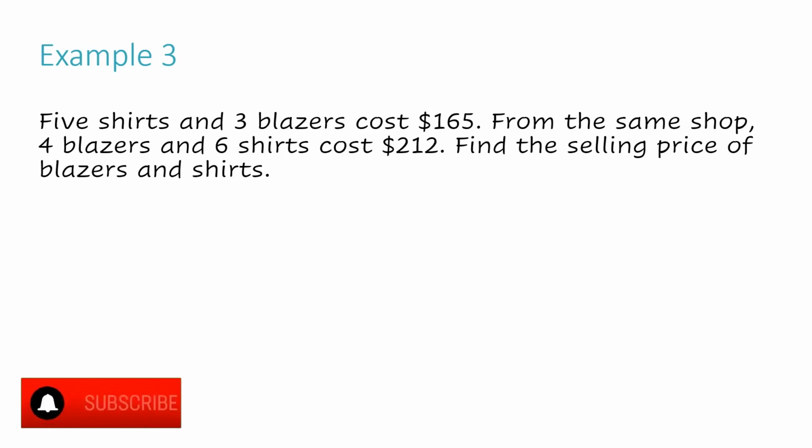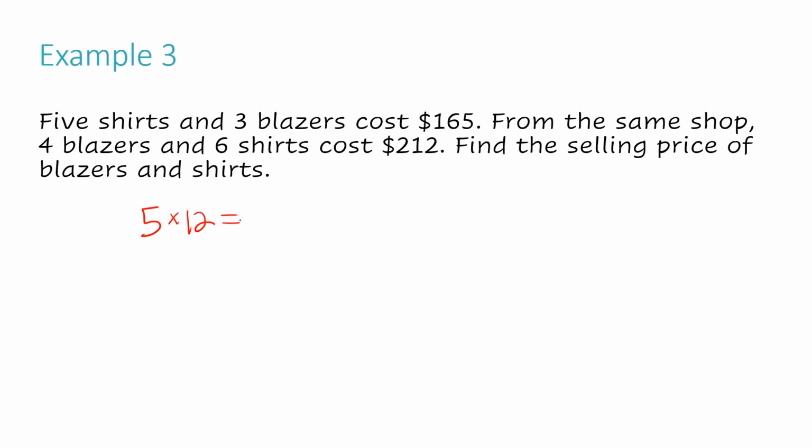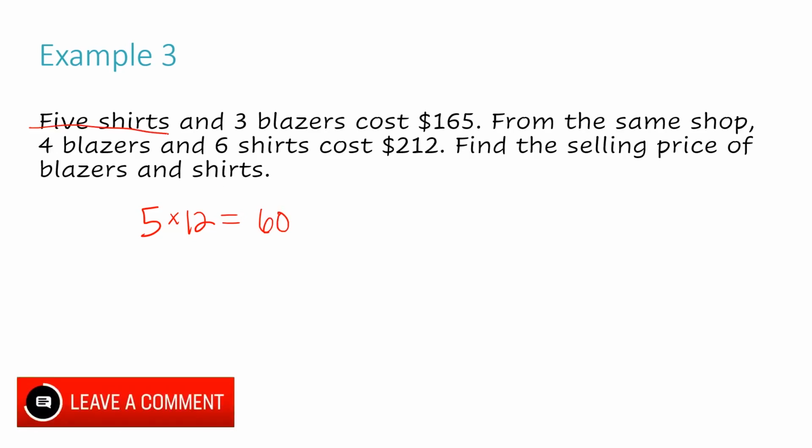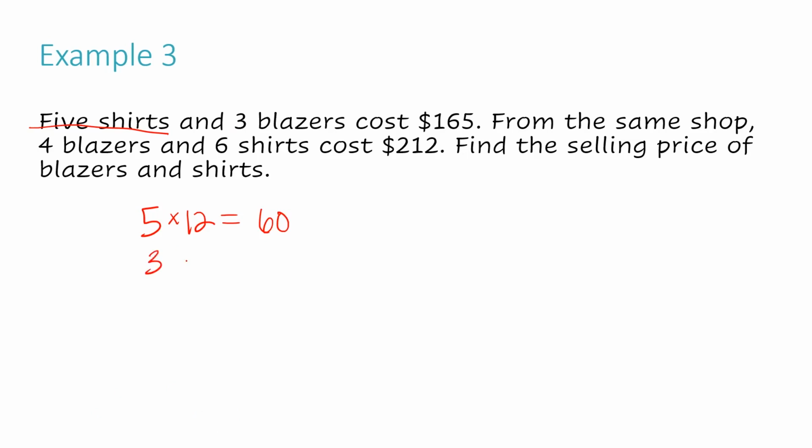It's saying, if I have 5 shirts and they're all $12 each, which gives me $60 worth of shirts. And I have 3 blazers and they're all $35 each, and that gives me $105 worth of stuff. The total of those two is $165, okay?